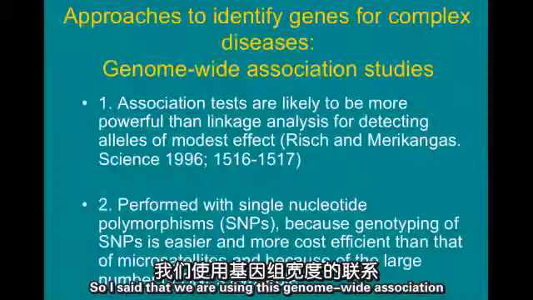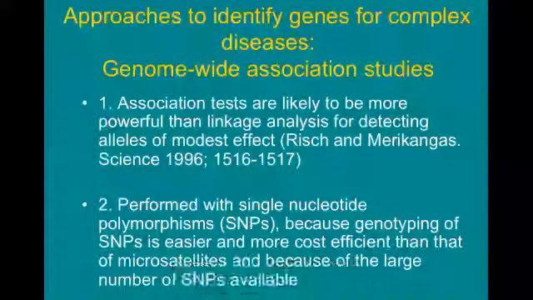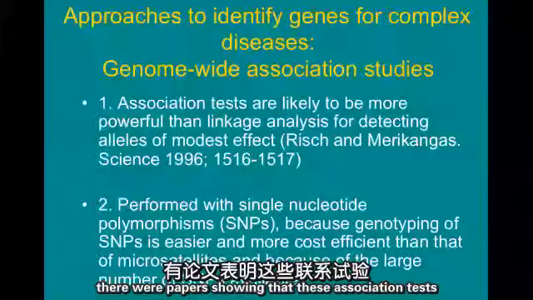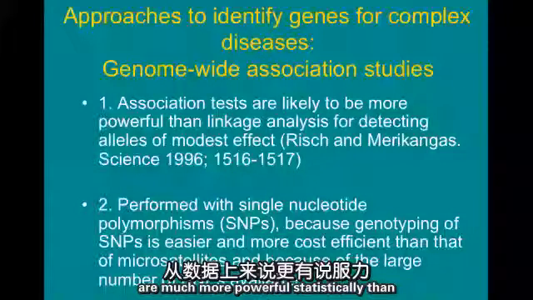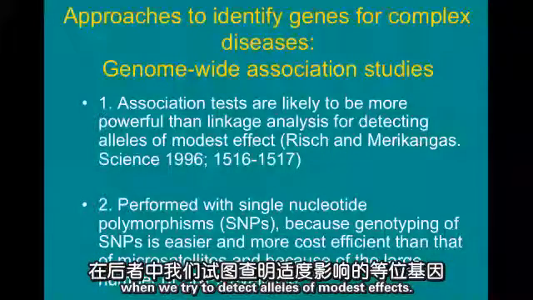I said that we are using this genome-wide association approach. The reasoning why it was used for complex traits was that there were papers showing that these association tests are much more powerful statistically than the typical linkage analysis when we try to detect alleles of modest effects.